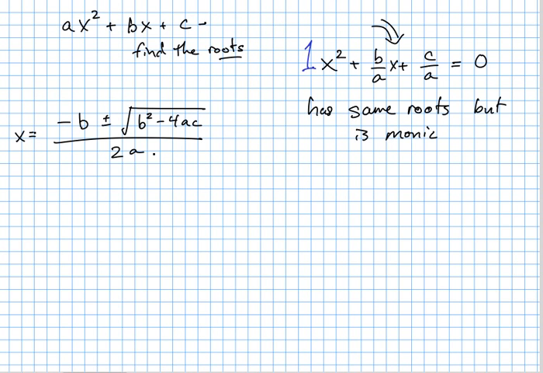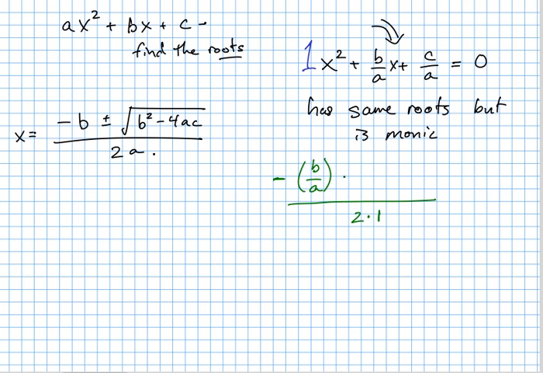It's implied. Now, how would that help you in solving the quadratic equation? Well, you would simply put these fractions into it. You'd put the b over a with a minus sign all over 2 times 1.